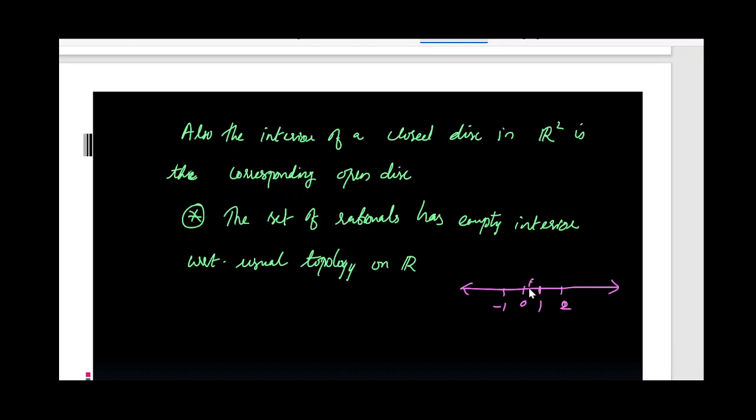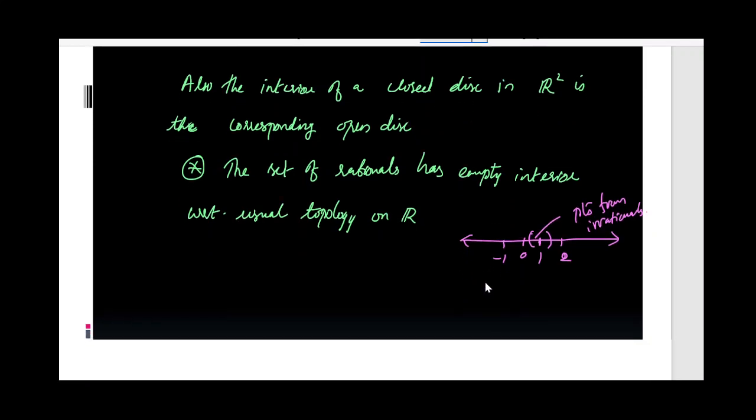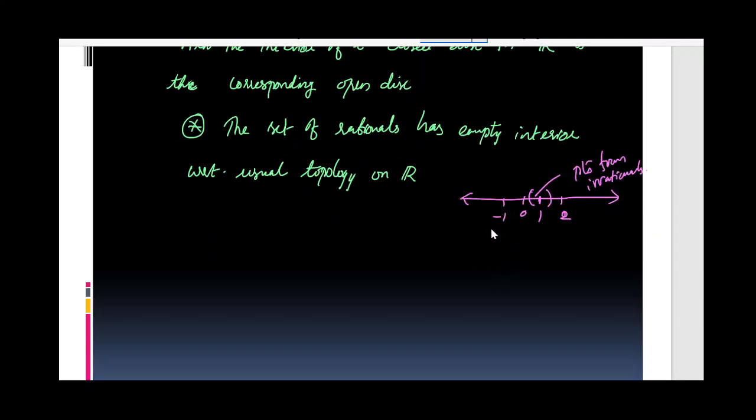When I take an open set here, definitely in this neighborhood we will have points from irrationals. So we cannot find an open set which is completely contained inside your set of rationals. So the set of rationals has empty interior.